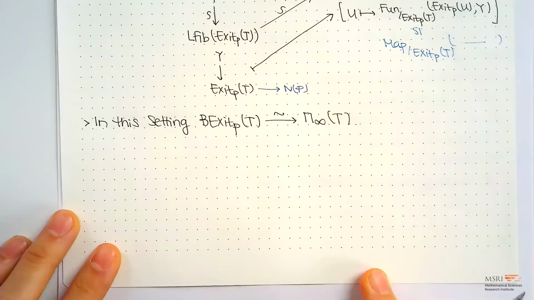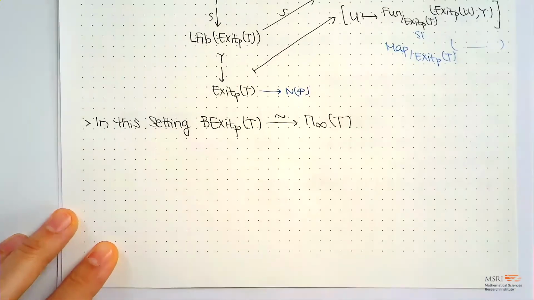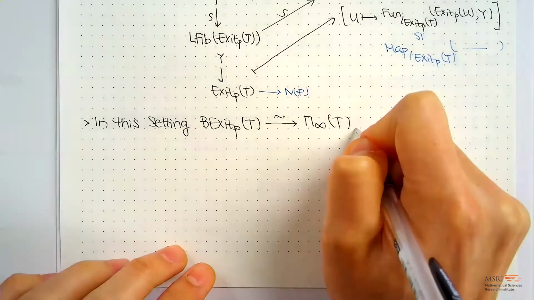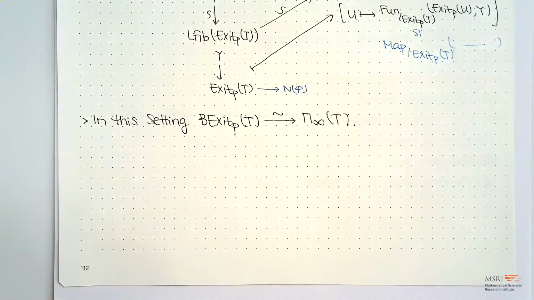I'll make a comment on that point. Last time we mentioned how once you know the infinity category of constructible sheaves, then the completely compact objects, or the atomic objects, form the exit path category.